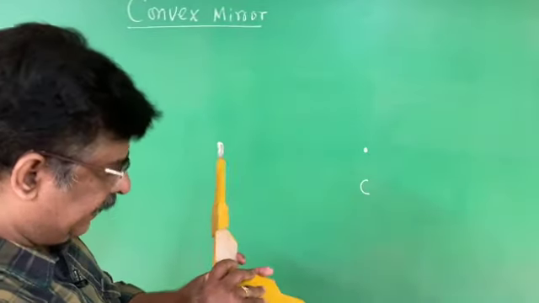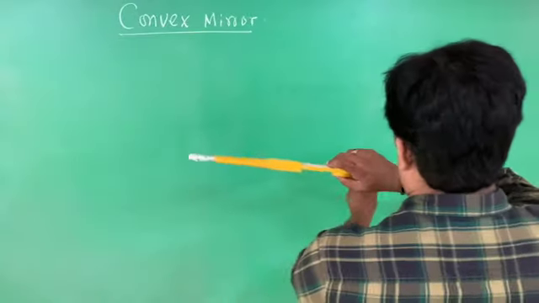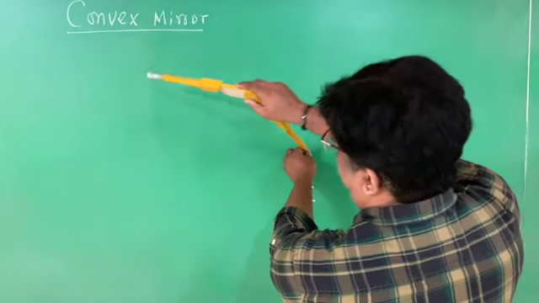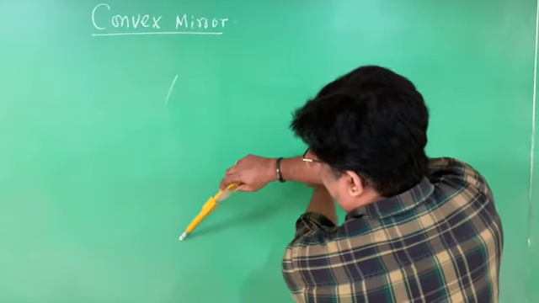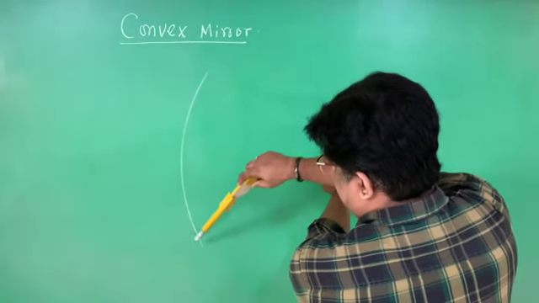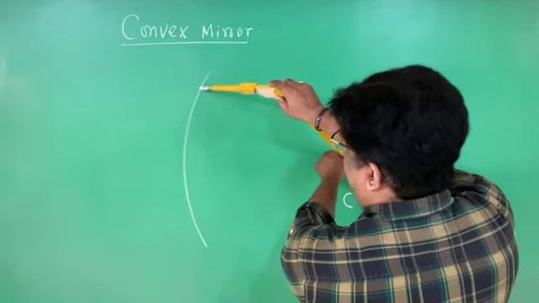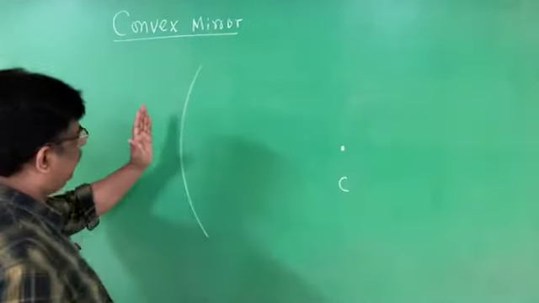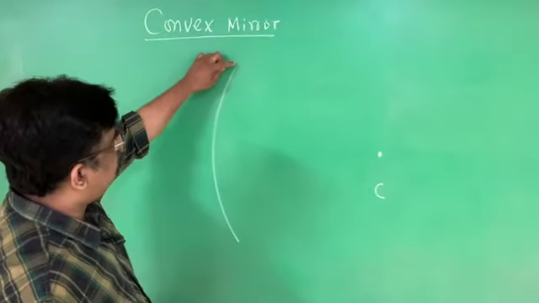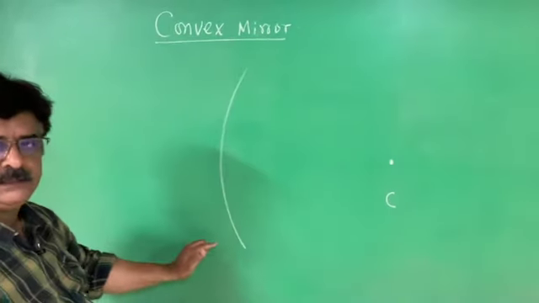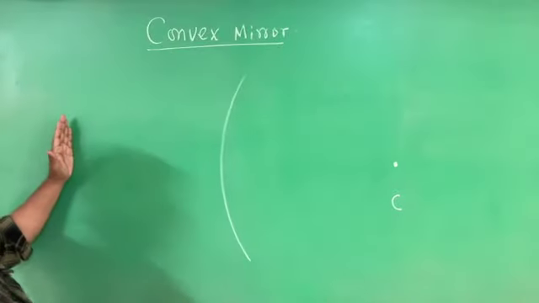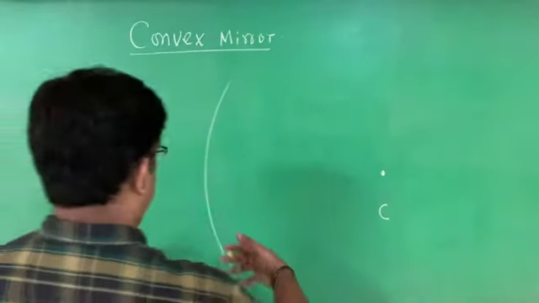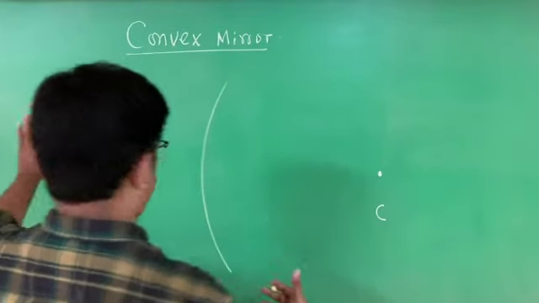Now, while drawing the convex mirror, I make the arc like this. And now which is the reflecting surface? The reflecting surface should be on the left side, because the reflecting surface is bulged outwards and it is facing the left side. Right? Left side means, as I am facing this, my left side it is.